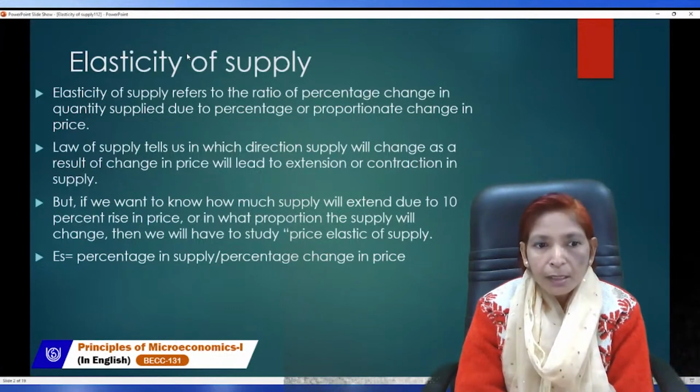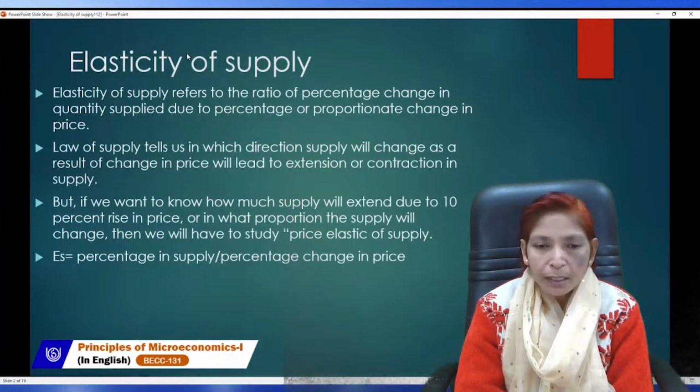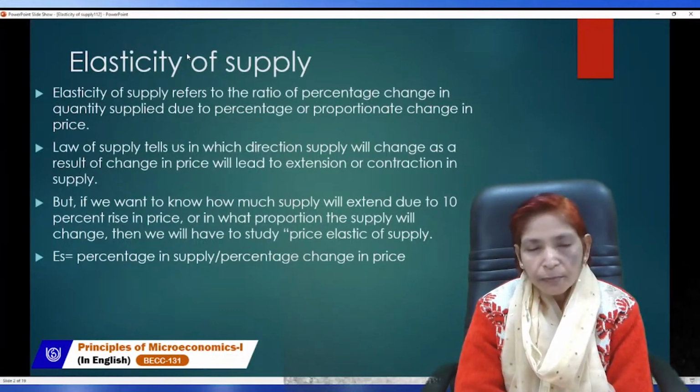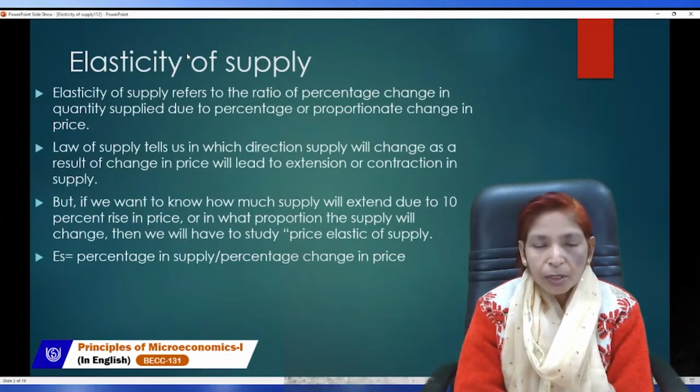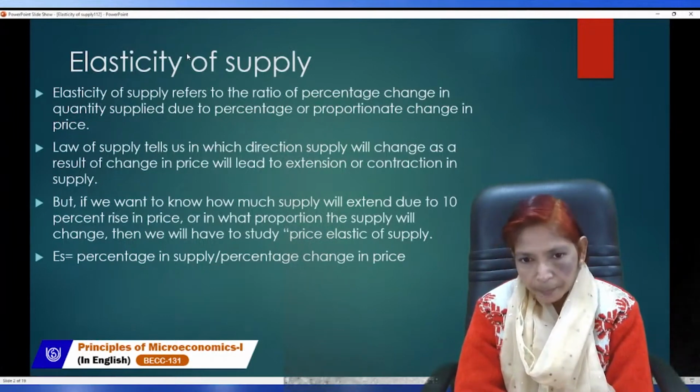In other words, price elasticity of supply tells us the percentage change or proportionate change which occurs in quantity supplied due to the percentage change in price. So elasticity of supply is a very important concept, because it tells us how much change in supply will occur due to change in price of the commodity.